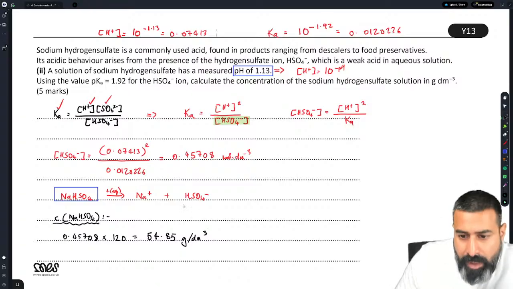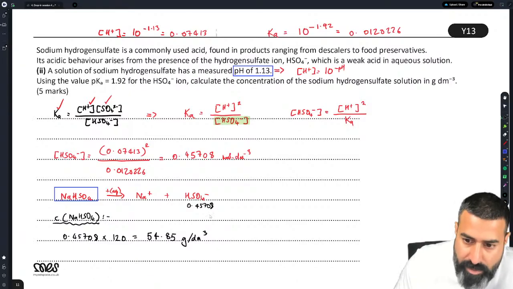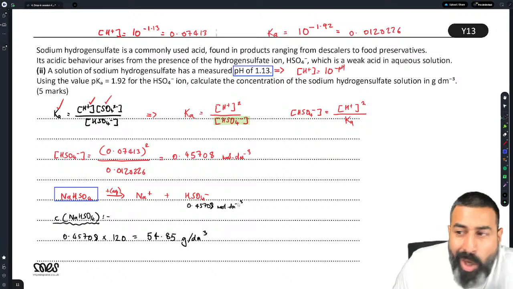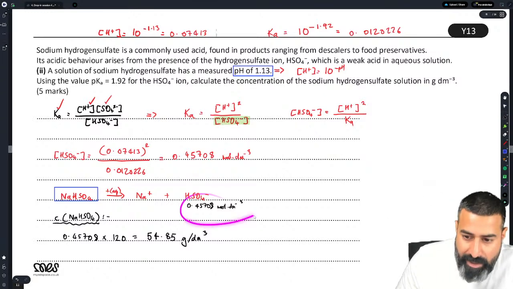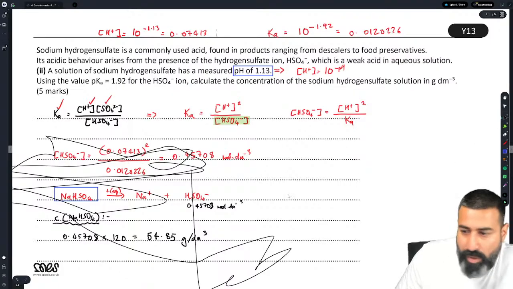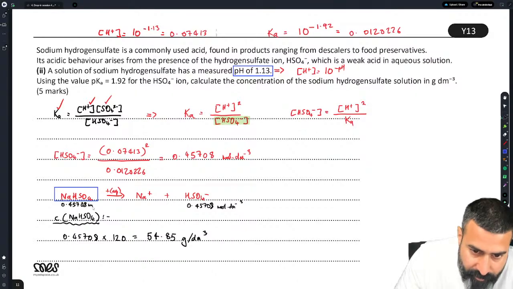Okay, so we've got 0.45708 moles per decimeter cubed. Now I don't have any data about the volume, okay? But because it's a 1-to-1, I can assume that the concentration of this was also the same, right?